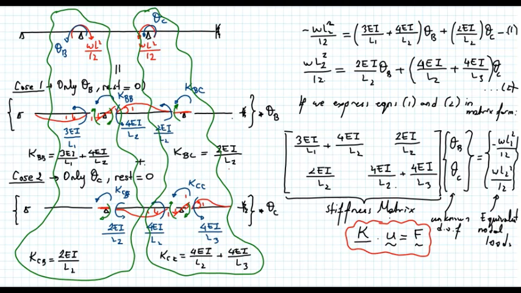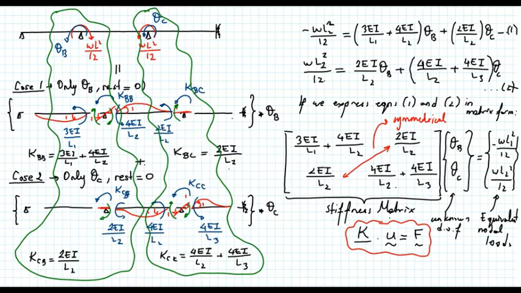Now, when we draw the stiffness matrix in this form, it has some properties. The first property of the stiffness matrix is it has to be symmetric. Okay, so K must be symmetrical all the time. If you are getting an unsymmetrical matrix, then you are doing something wrong.